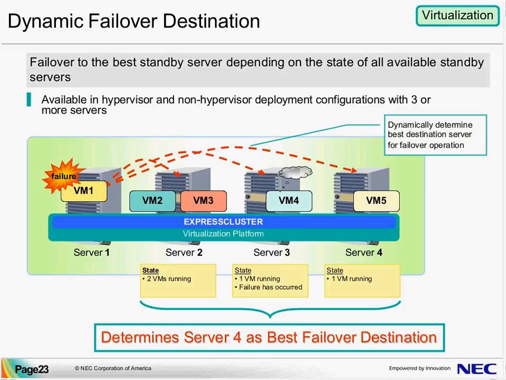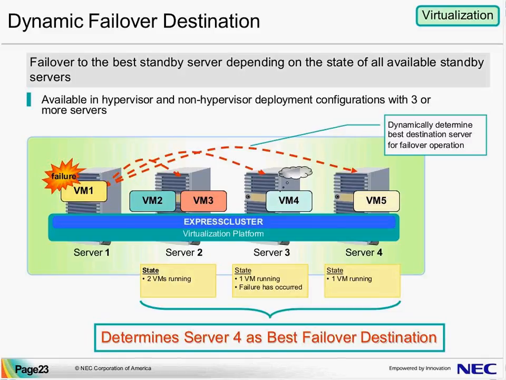So this slide shows one primary server, server 1, running VM1, and when there's a problem on server 1, ExpressCluster will determine the best server by looking at the existing workload on the available servers. For example, server 2 has 2 virtual machines running already, so that workload is already pretty high compared to the other servers, 3 and 4, so it would not take that one.